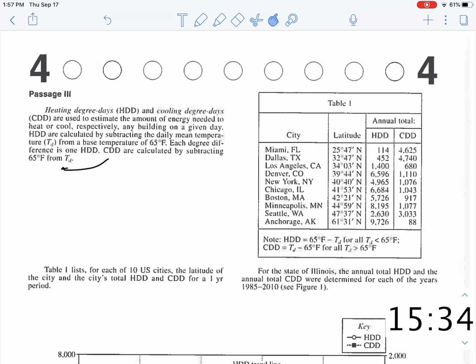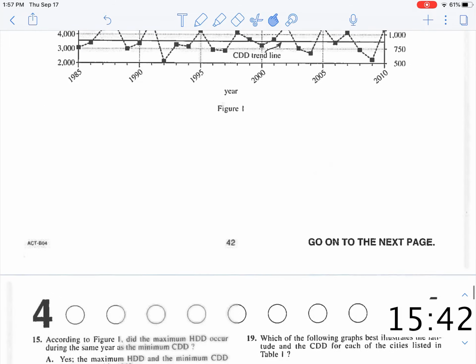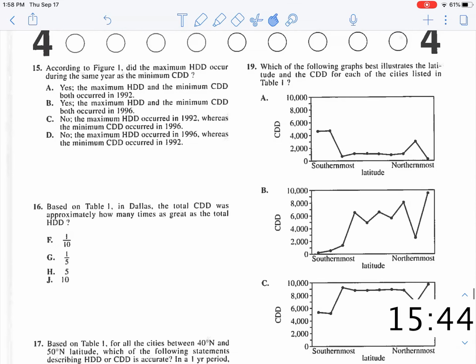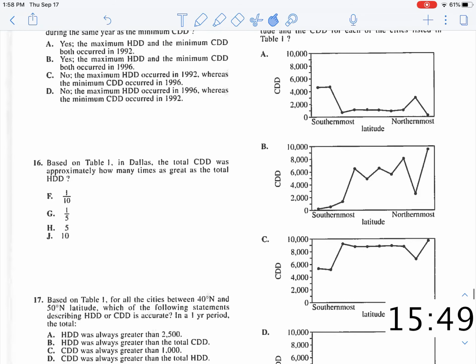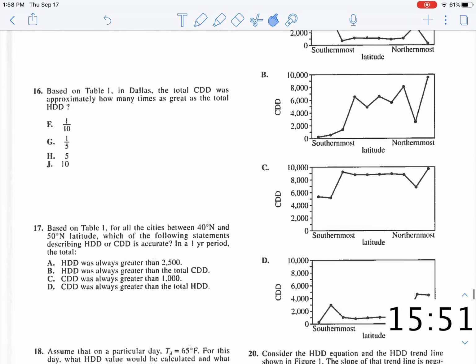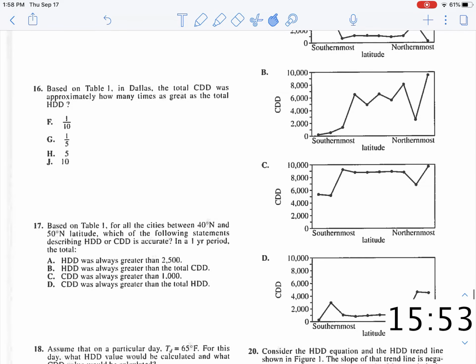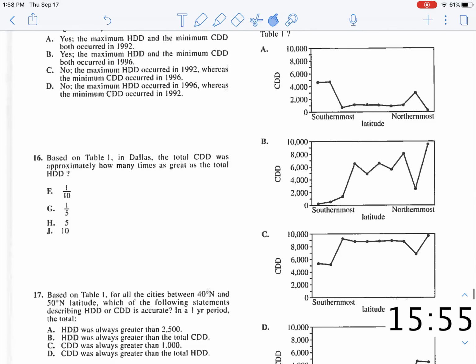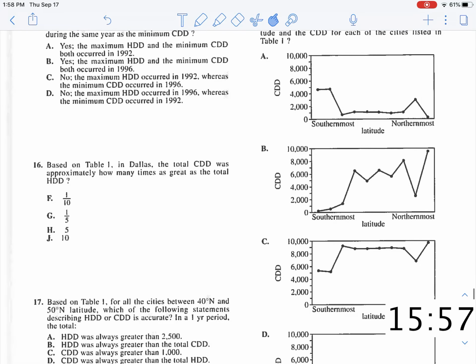It'd probably be the highest. Okay, so it went low. The lowest one was the second to the highest CDD. So would that be A? I think that would be A.